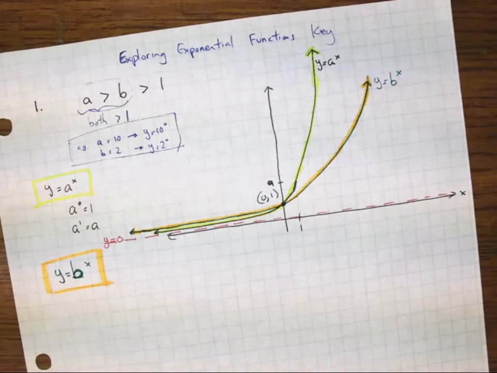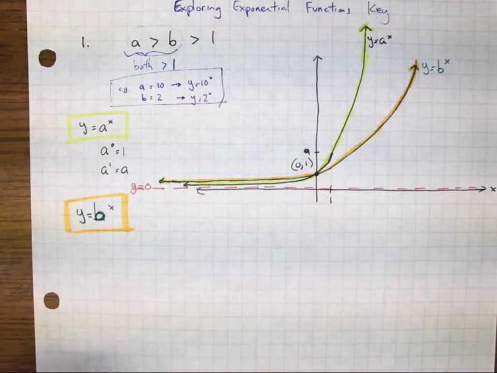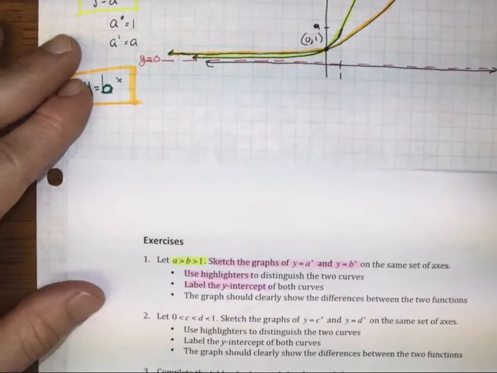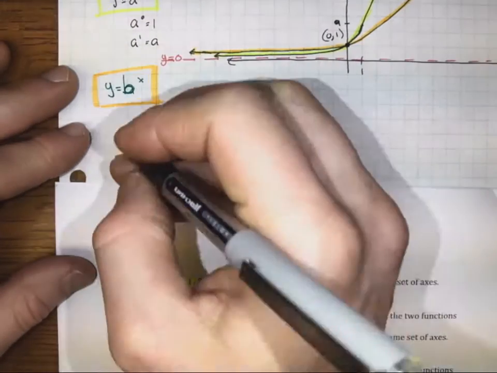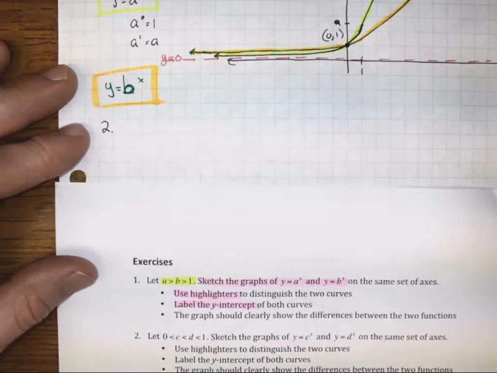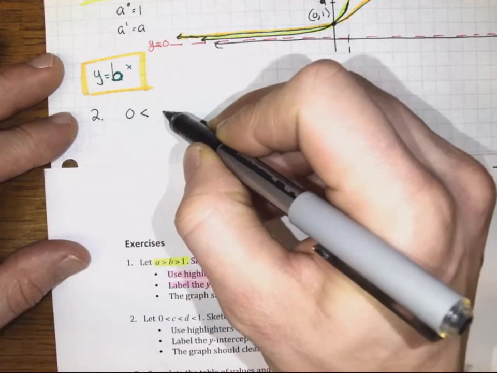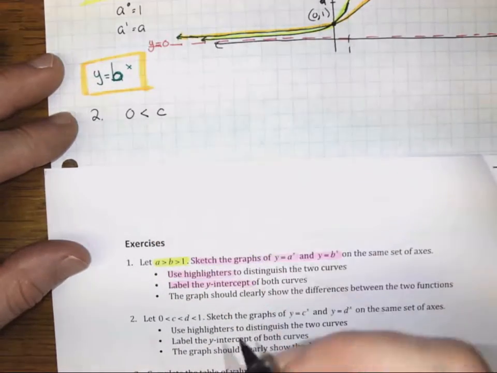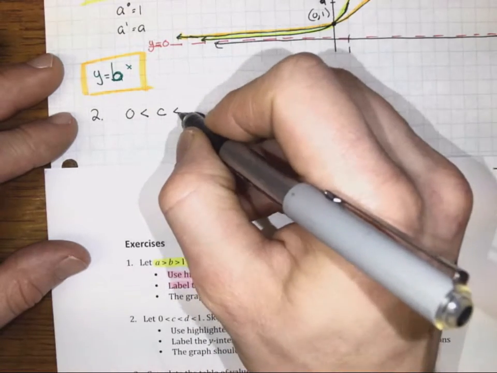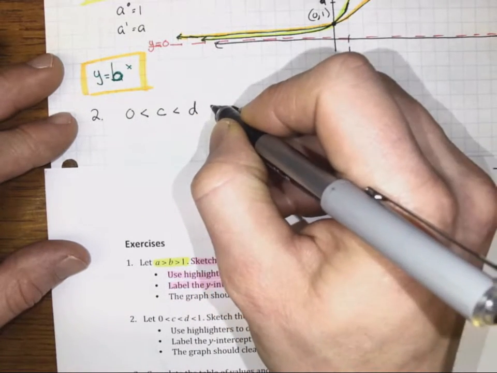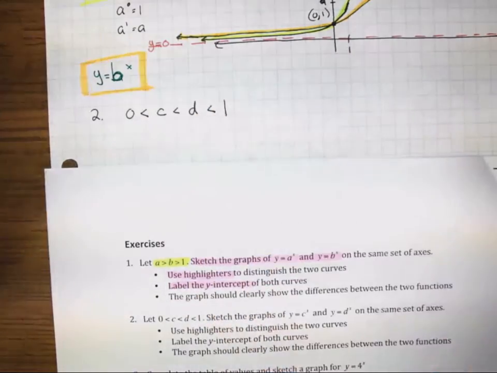There we go. Okay, so moving on. We also know that 0 is less than C, which is less than D, and both of these guys are in between 0 and 1.